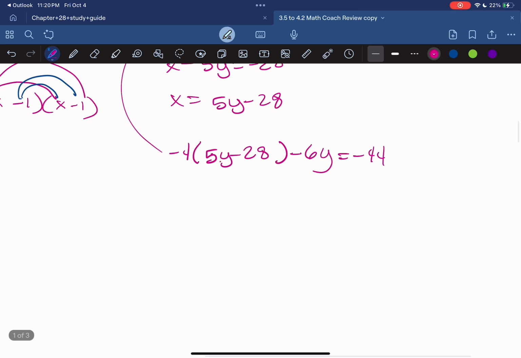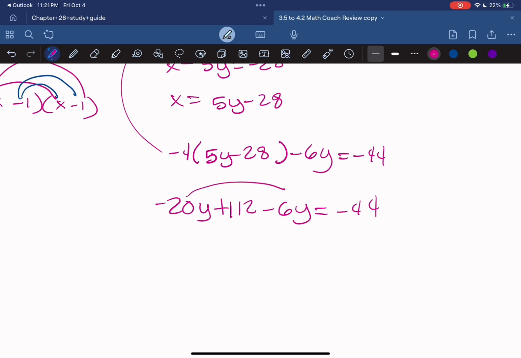Now we plug the 4 into the parentheses. So negative 20y plus 112 minus 6y equals negative 44.